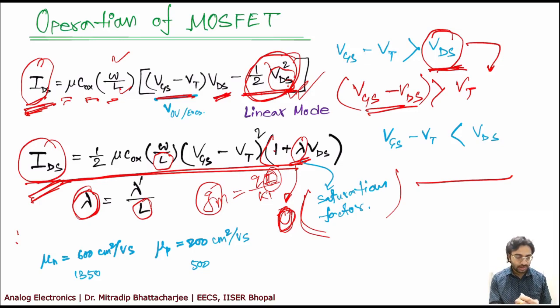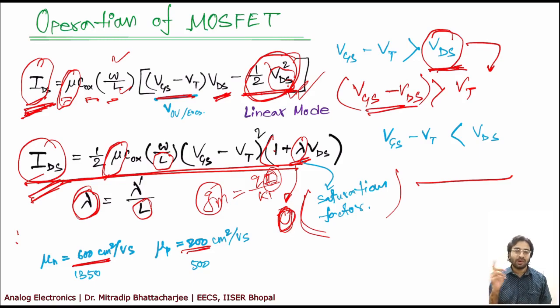Now I said that we are mostly using NMOS. What is the reason? Because in the case of the output current, you have seen that mu, that is the mobility, is a factor. Now what is the mobility for electrons? It is higher than for holes, right? The value of mobility for electrons is 600 cm²/V·s, and for holes it is 200.